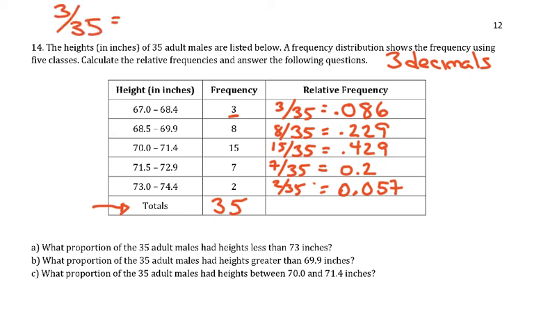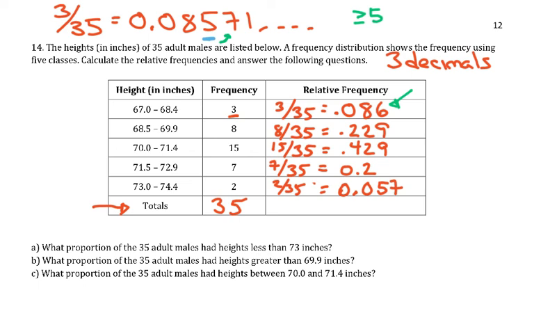If you do this in your calculator, you get 0.08571 and other digits. So we want to round to 3 decimal places. To make the decision of whether you increase it or not, you look at the next digit. If it's greater than or equal to 5, we round up, which is the case we had here. So that's why I did that.